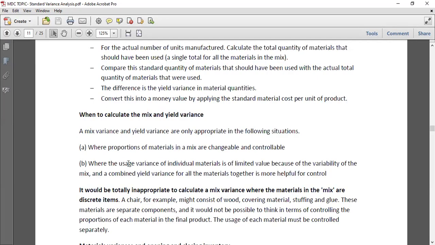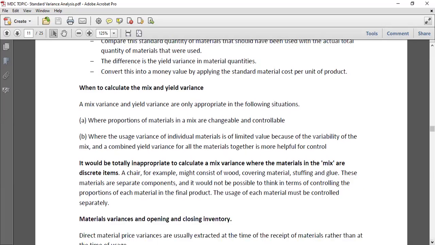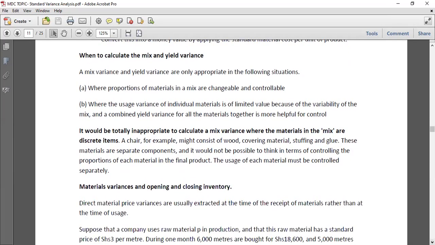Then we also use this where the usage variance of individual materials is of limited value because of variability of the mix, and the combined variance for all materials together is more helpful for control. So that is very key. And of course, if the material mix is discrete, then we shouldn't have a material mix variance.